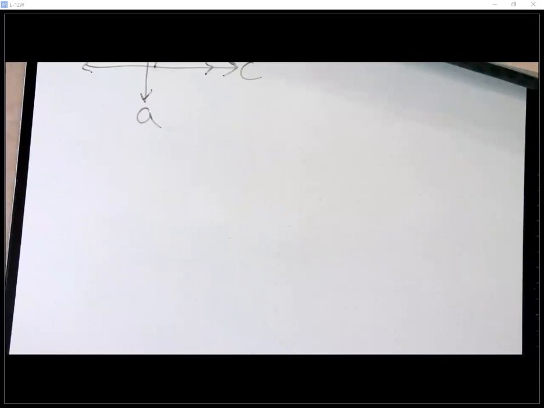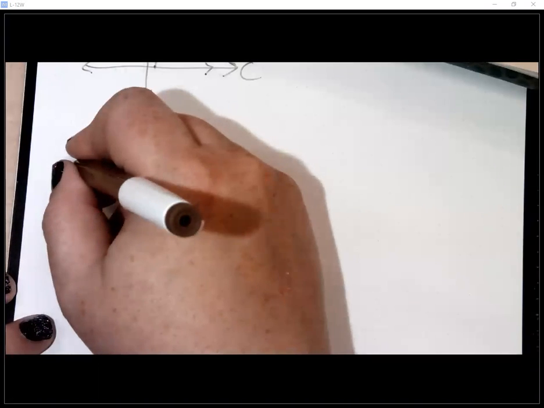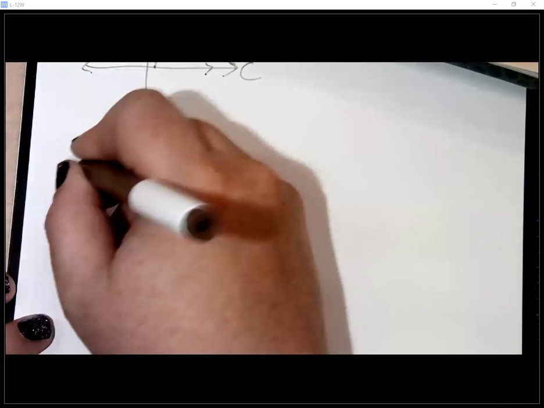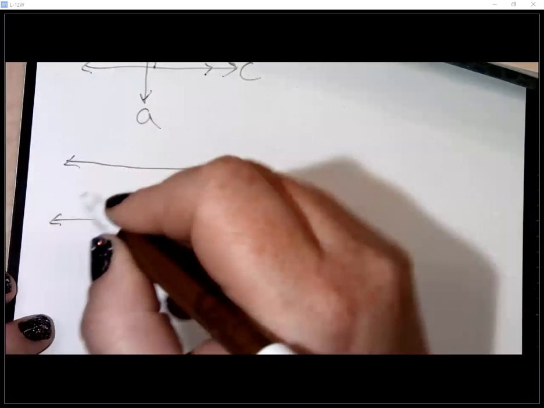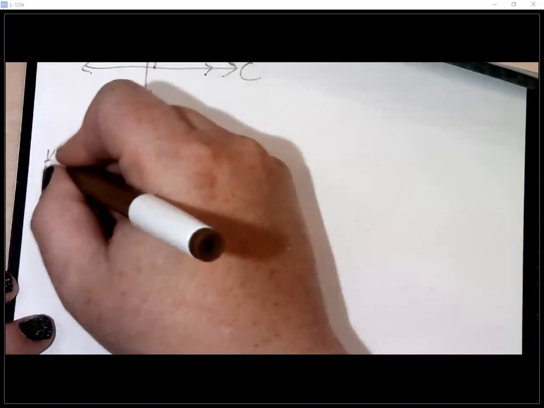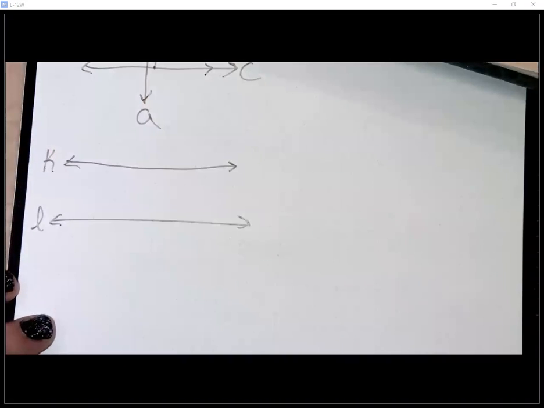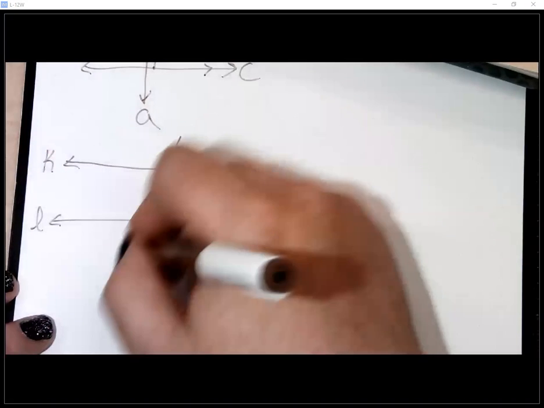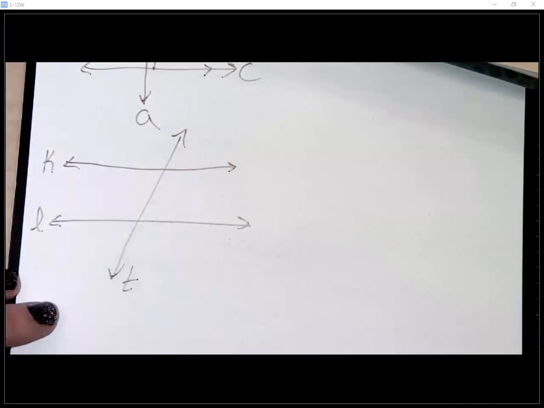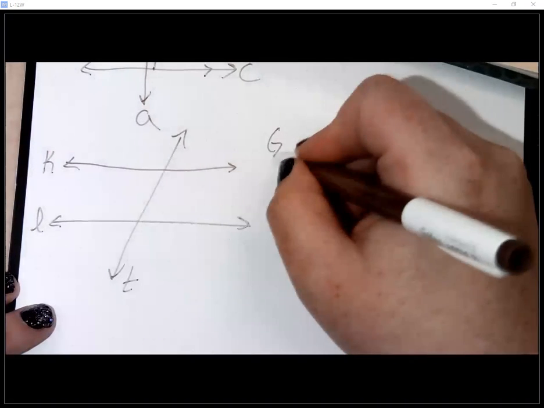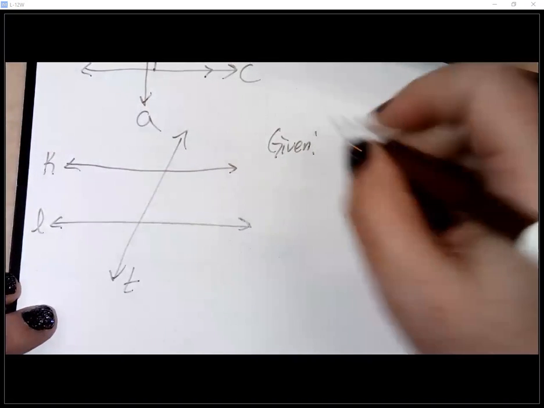All right, so let's draw this picture. You're going to have two parallel lines. We're going to label the top one K and the bottom one L, and then I'm going to have a transversal T. In the given, I will tell you that lines K and L are parallel.